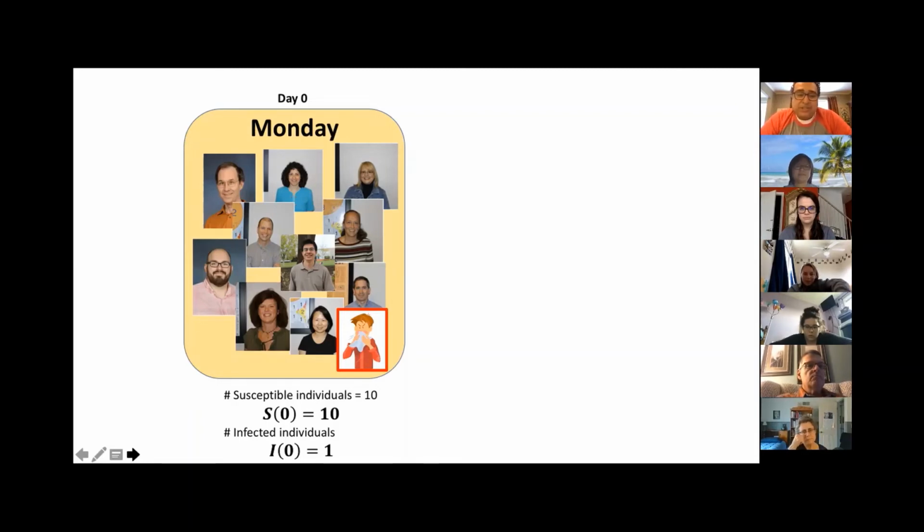So these are just numbers. And another thing that I want you to notice is that the argument or the input for both the S and the I functions corresponds to the fact that we're at day 0. So at day 0, we have 10 individuals who are not sick, or they are susceptible to catching this disease. And we have 1 infected individual at the same time.